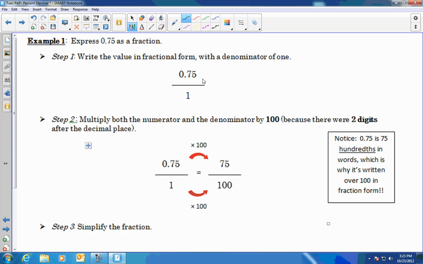However, we're not supposed to have decimals in a fraction form, so we need to get rid of them. If you remember your powers of 10, to move a decimal over twice, that's the same thing as multiplying by 100. But if I do it on the bottom, I also have to do it on the top to keep things consistent. So this is really 75 over 100, which really should make sense because if you say this, you say it as 75 hundredths.